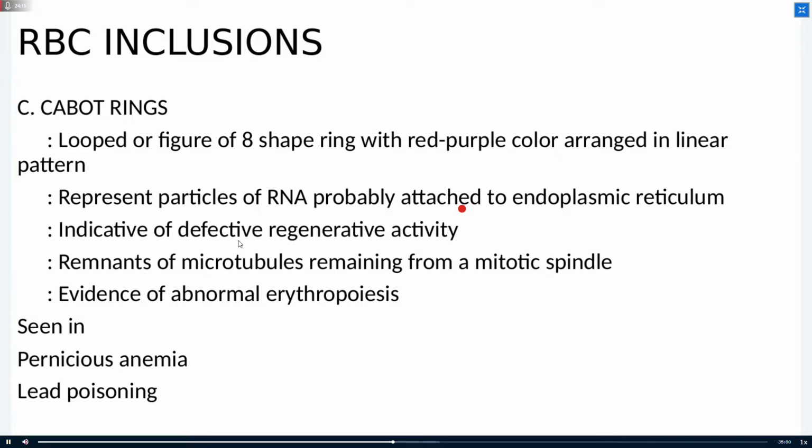Okay, another inclusion, class, would be your Cabot rings. Your Cabot rings are loop or figure-of-8 shaped rings with red-purple color arranged in a linear pattern. So imagine if this is your RBC, they would tend to appear like this. Not really 8, maybe, class. Maybe it's just a loop, round.